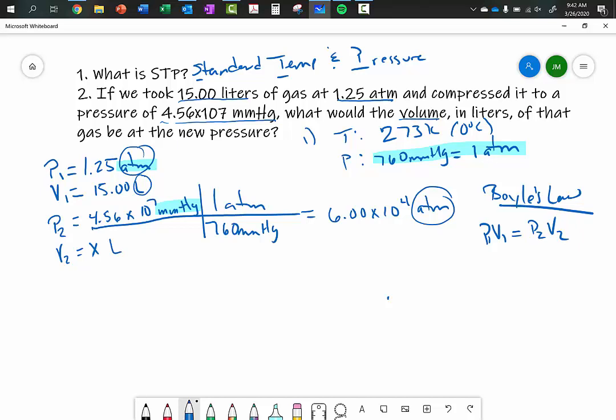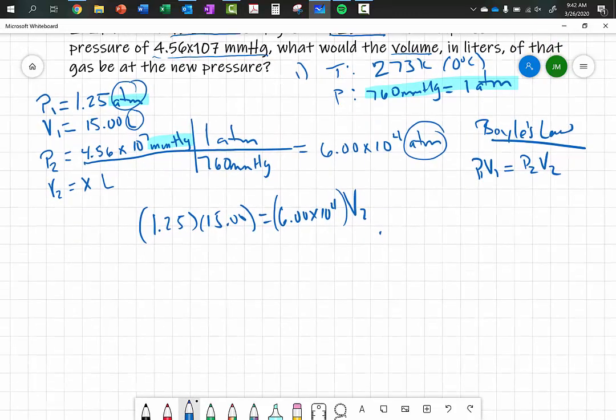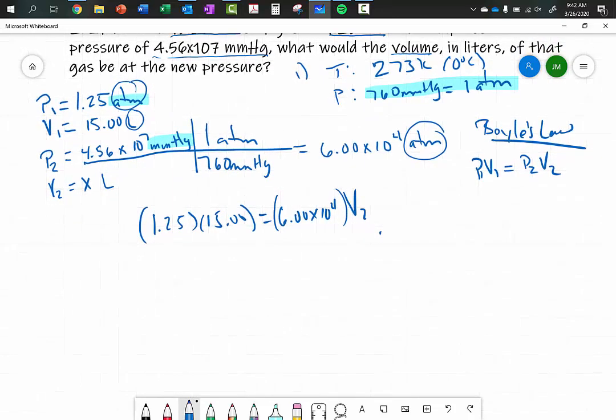So let's set this up. 1.25, P1, times 15, V1, is equal to P2 times V2.